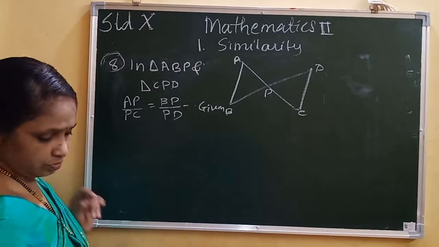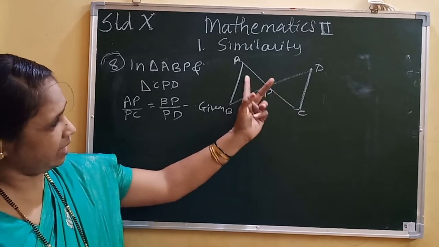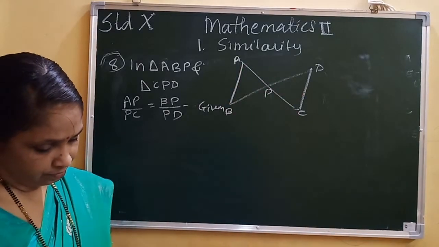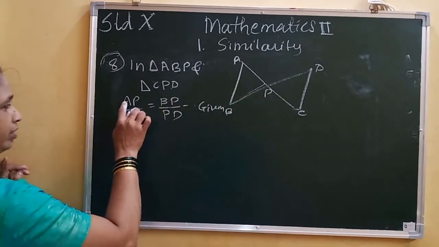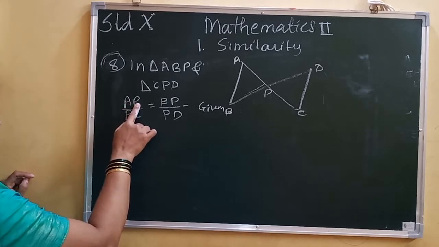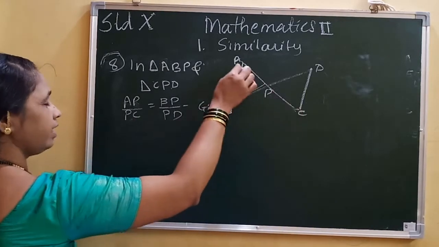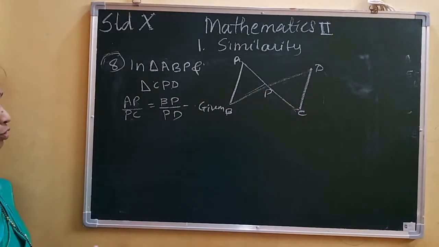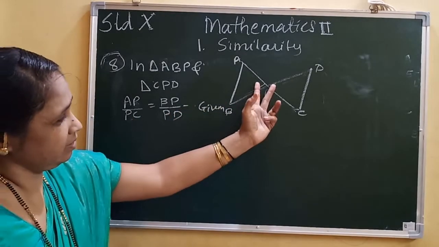Now see these two, you can say these are vertically opposite angles, and AP side and BP side. This side and this side it is given, AP and PC, and BP and PD. So this ratio is equal.